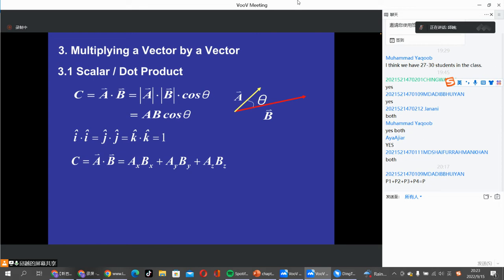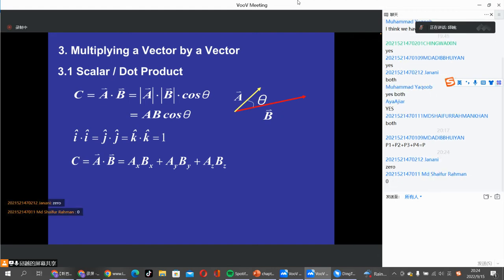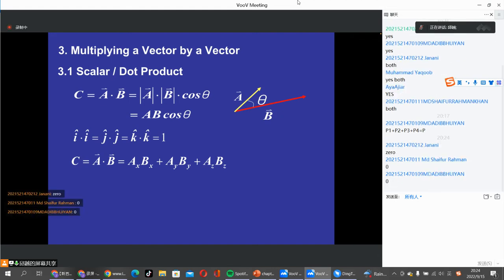And what about unit vector i dot unit vector j? We know in a coordinate system, the unit vectors i, j, k are perpendicular to each other.